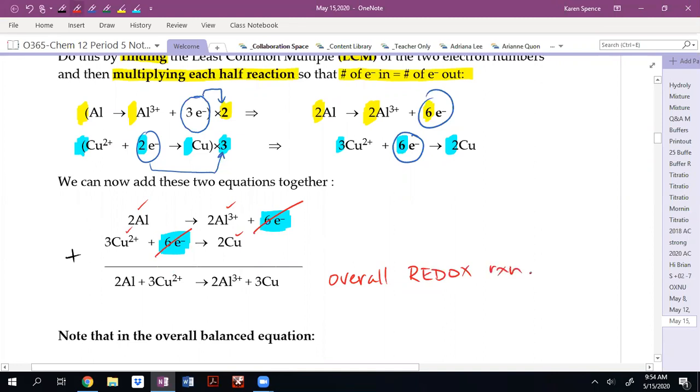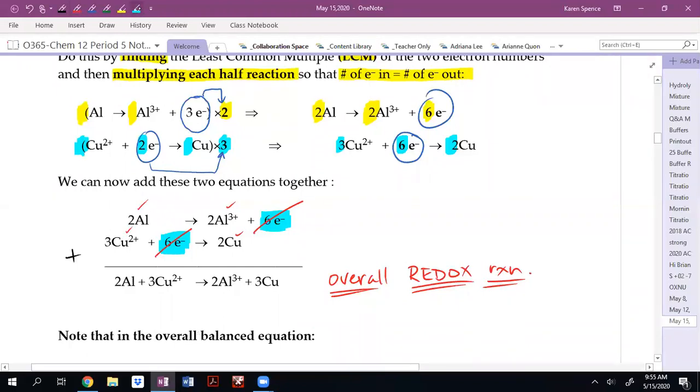How many electrons do I see in that overall redox reaction? None, absolutely. You should never see any electrons.